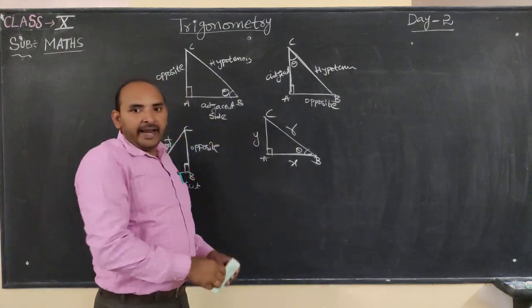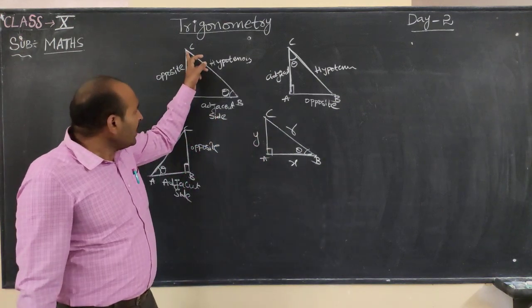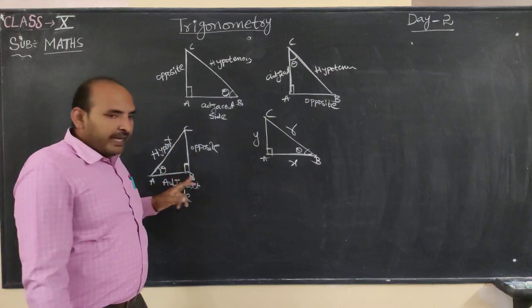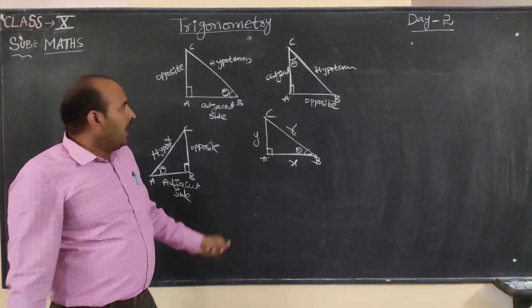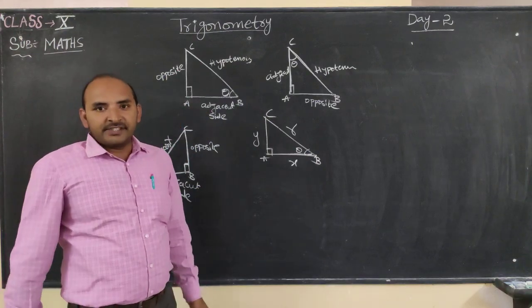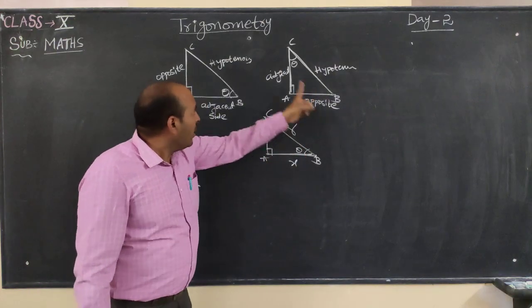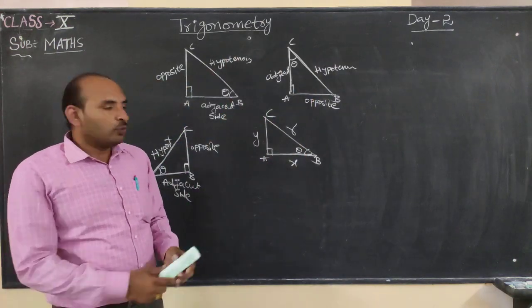For every right angle triangle, the hypotenuse is the largest side compared to the other two sides.